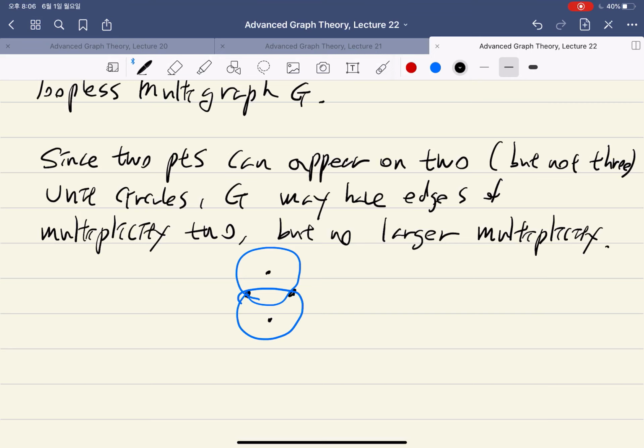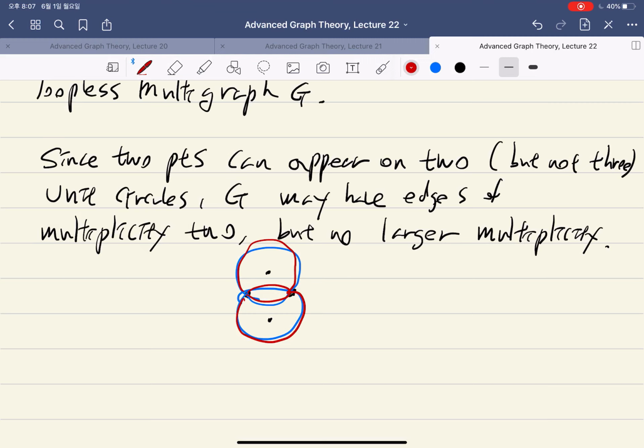I'm now a bit confused. Wait a moment. I think in this case we can have these 4 edges.